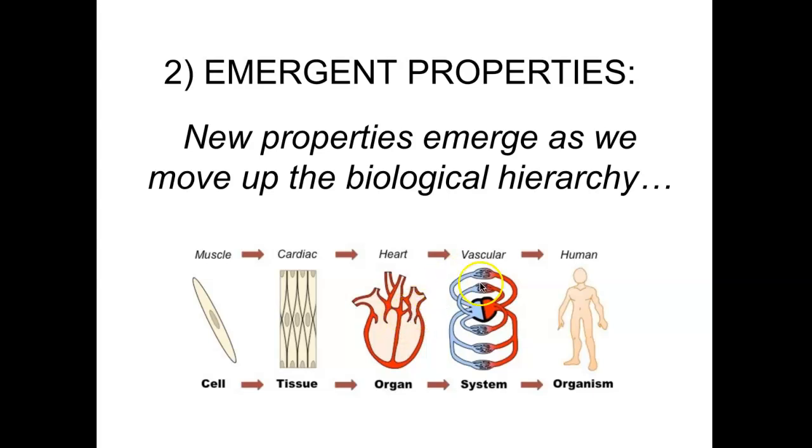And so once that pumping has taken place, the cardiovascular system works together with the heart to take all that blood, which carries oxygen, to different parts of the body, and then return that deoxygenated blood to the lungs.